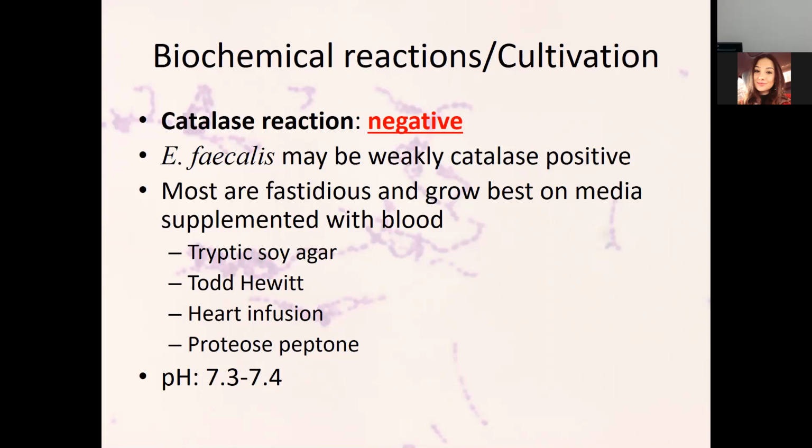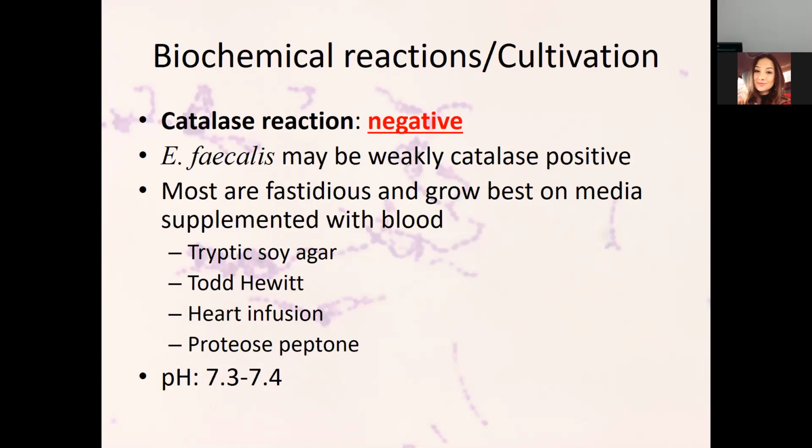So we will see this. We may see him, but we'll see TSA. TSA is what you use on staph. It's what we saw the first day when you had your Staph aureus and your E. coli out that day. You saw that TSA is usually supplemented with blood, red blood cells, which changes it to red.